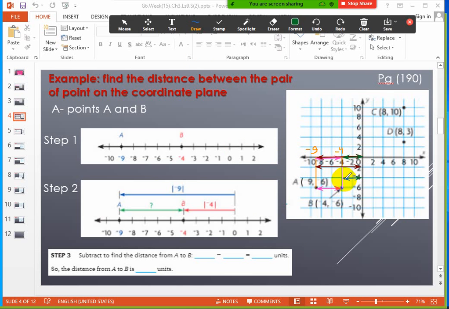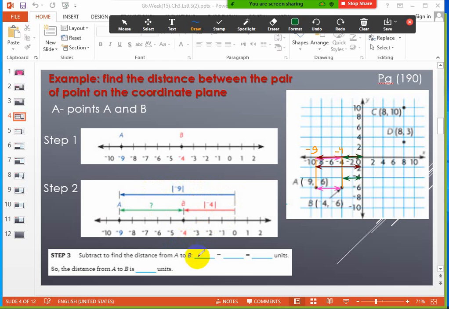That means the absolute value for -9 and the absolute value for -4. I have to subtract between those two distances to find this one. That's why I written here -9 in absolute value and -4 in the pink or in the red color.